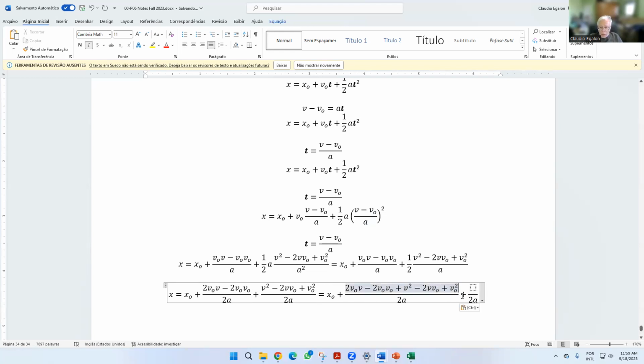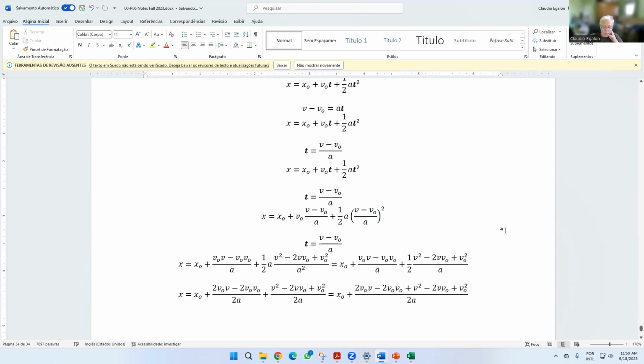And let's see, can we make any simplifications? Look at the simplification that we can make.